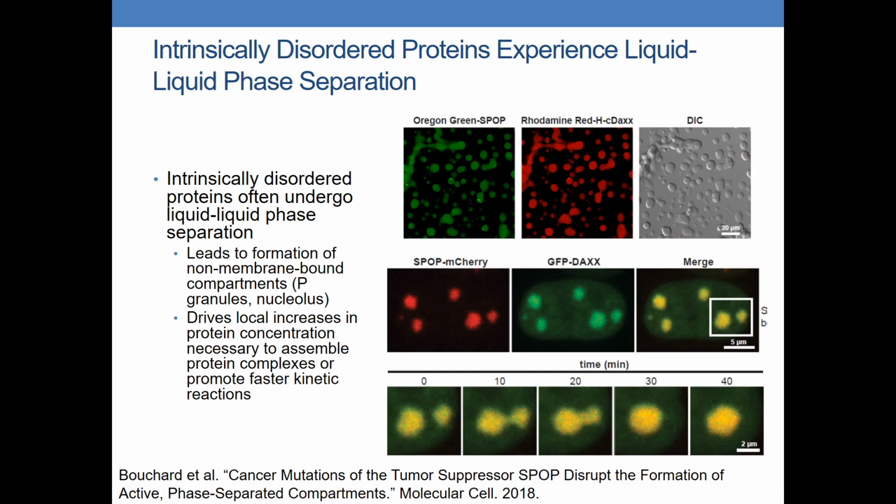The why behind it is a little bit less clear, but the fact that you see local concentration increases in proteins as well as key reactants is really important because you ultimately form these non-membrane bound compartments that can do faster catalysis. So that you see increases in function in response to this phase separation.